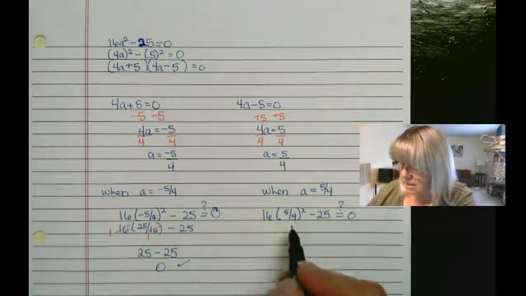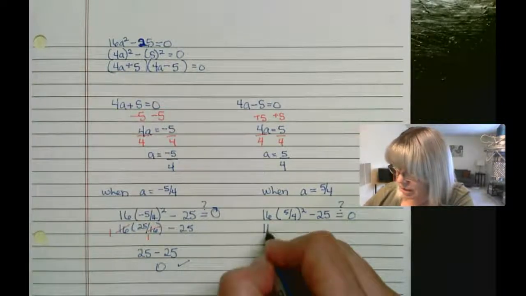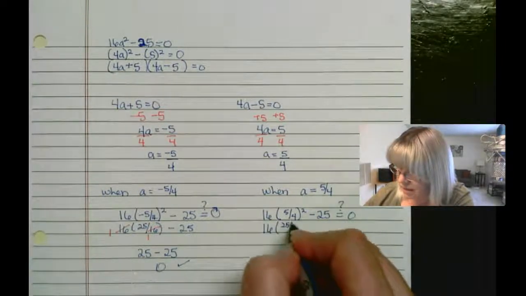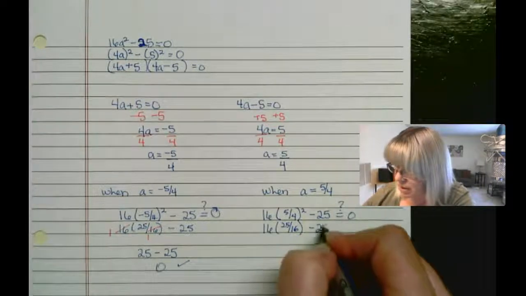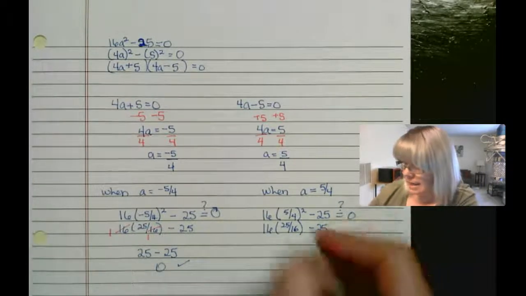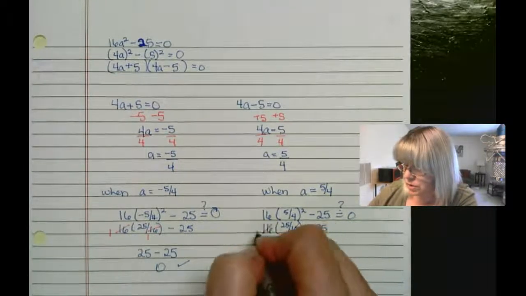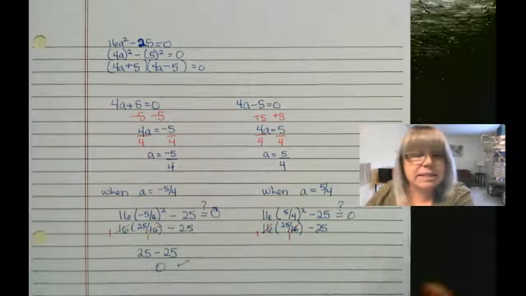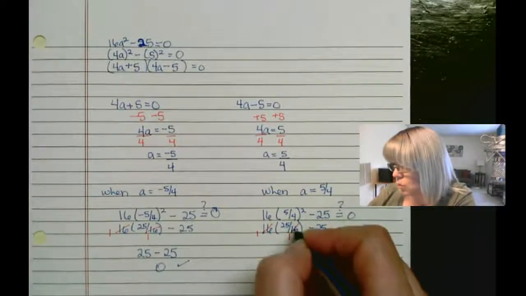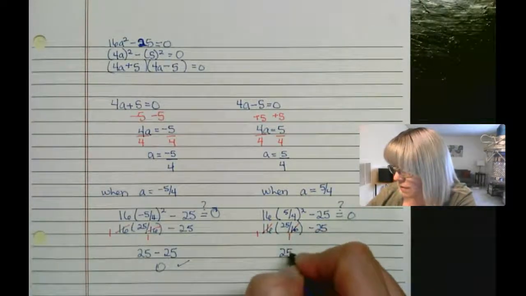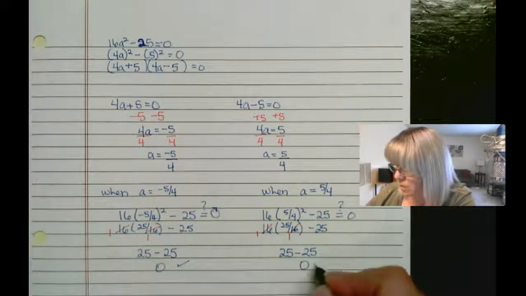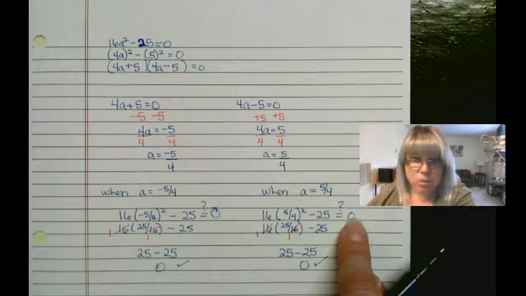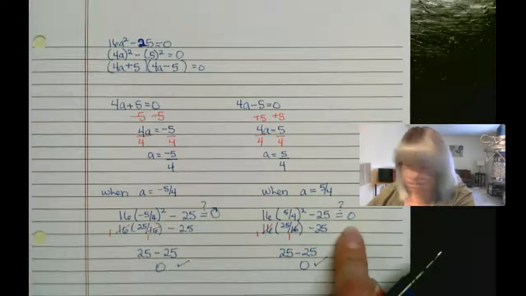Well, positive 5/4 squared is 25/16 minus 25. Again, I'm going to reduce. 16 goes into 16 once, 16 goes into 16 once, leaving 25 minus 25. And 25 minus 25 is indeed what we're trying to find, 0.